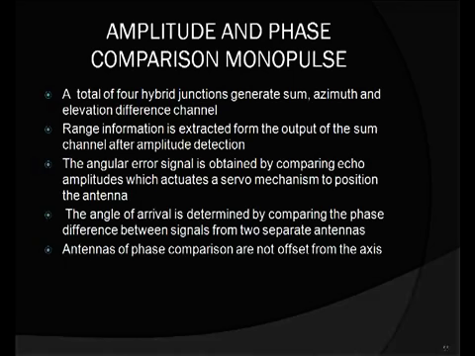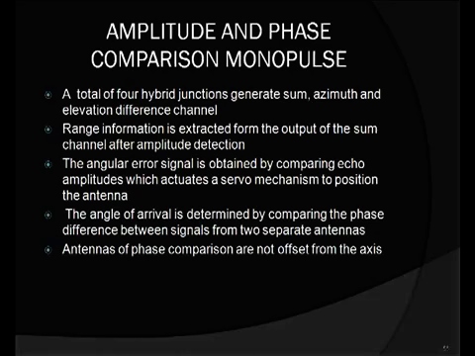Amplitude and phase comparison monopulses. What are the plus and minus points of these? A total of 4 hybrid junctions generate sum and azimuth and elevation difference channels. Range information is extracted from the output of the sum channel after amplitude detection.